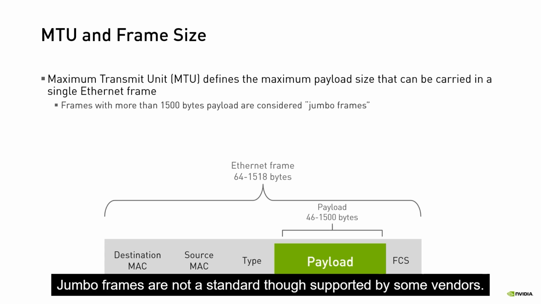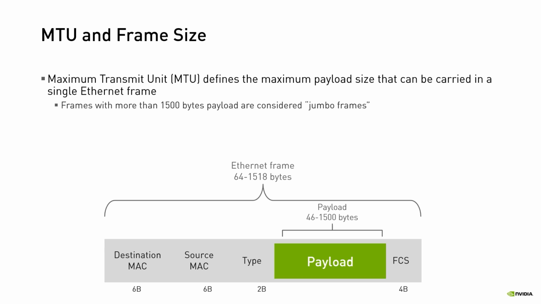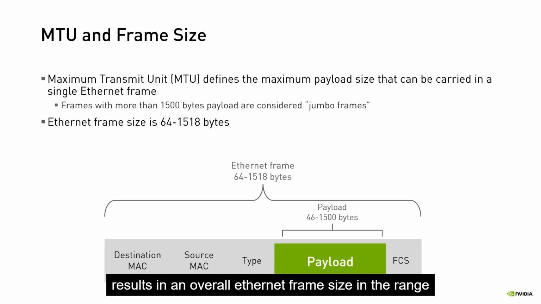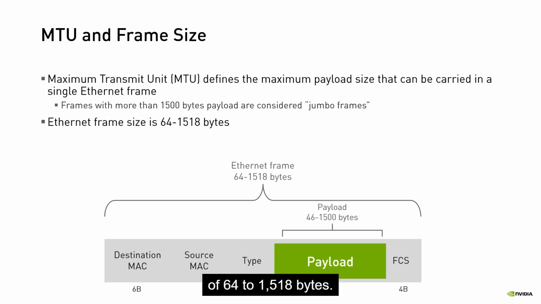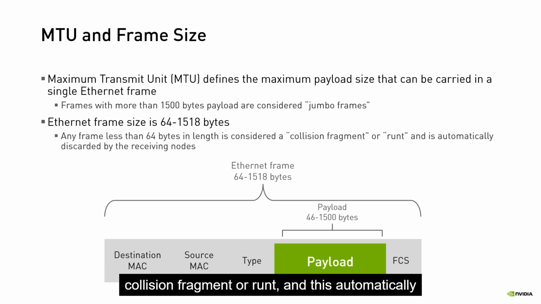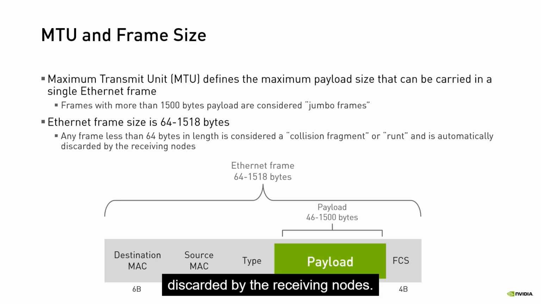Jumbo frames are not a standard, though supported by some vendors. Adding the 14-byte header plus the 4-byte trailer results in an overall Ethernet frame size in the range of 64 to 1518 bytes. Any frame less than 64 bytes in length is considered a collision fragment, or runt, and is automatically discarded by the receiving nodes.